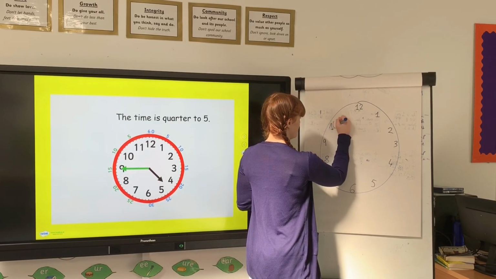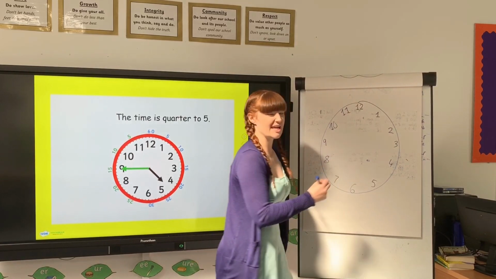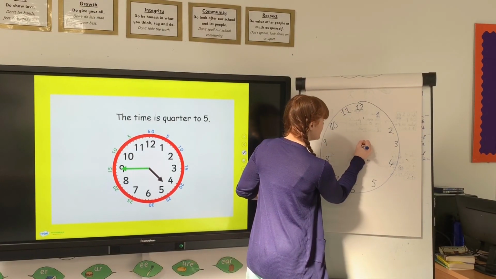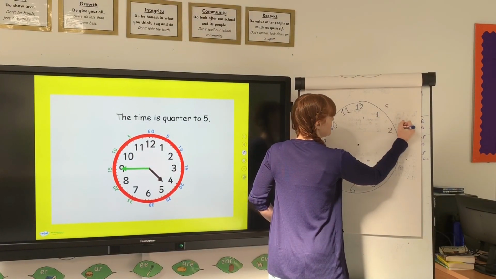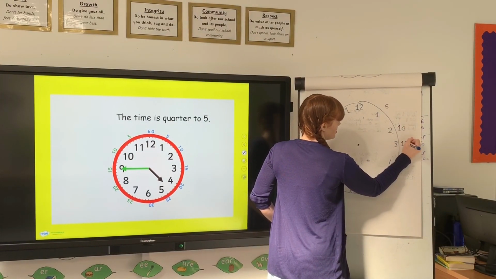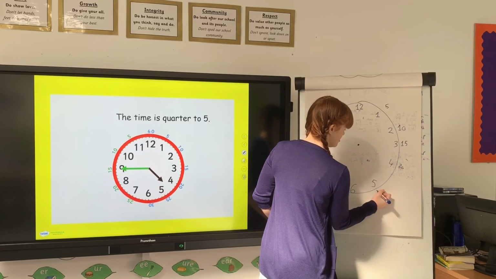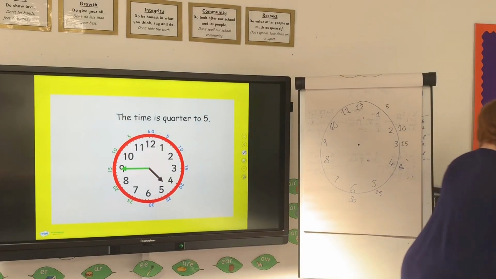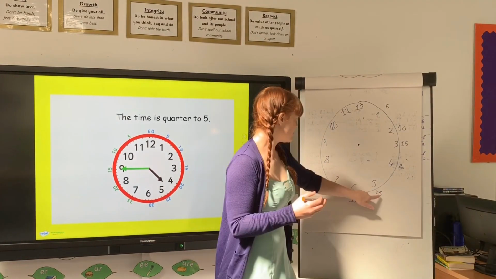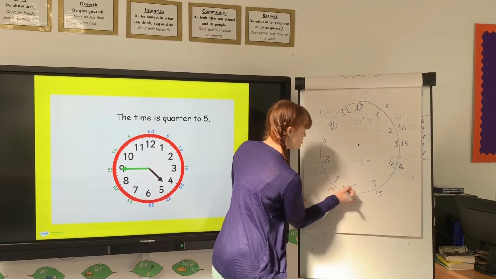And obviously this isn't perfectly to scale because I'm just really quickly doing it. So say if I was going to show 25 past 4. Again, I'm putting in my minutes. Grab another pen. I know if that's 25 past, this is 25 to.